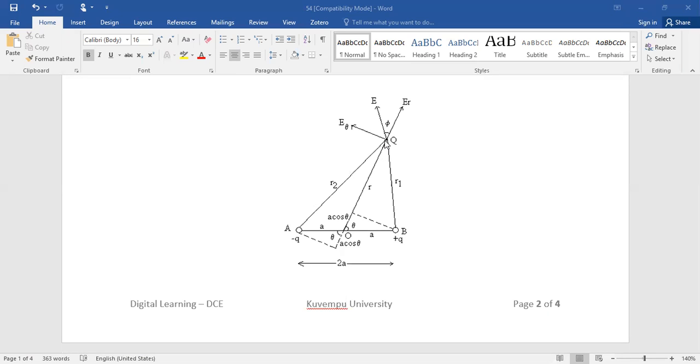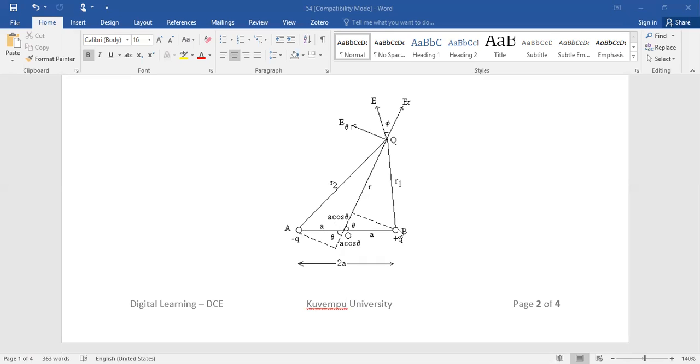We can choose the external point anywhere, therefore R can be of any value. Now, A is the distance of the charge from the center of the dipole.